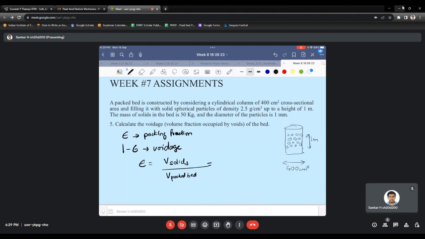And the volume occupied by the solids can be found out based on the mass that is given, 50 kilogram, and the density of the particles, 2.5 gram per centimeter cube. From those two, we'll get the weight of solid divided by the density of the solids.